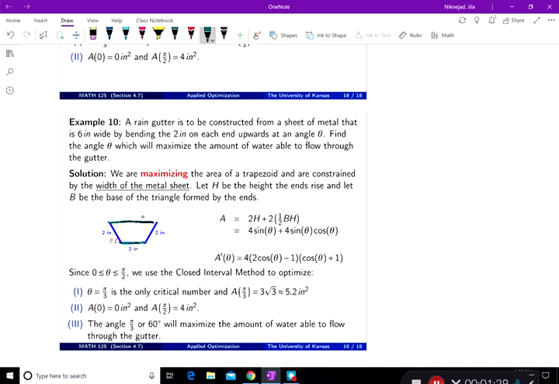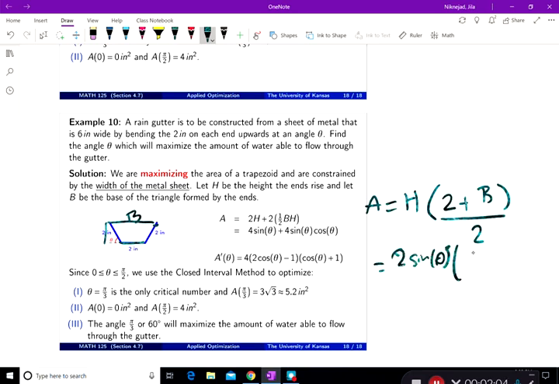And so in this case, the area is equal to height, which I don't know yet, times 2 plus this base, divided by 2. If I look at this side, I can see the height is basically 2 times sine theta. And then 2 plus, what is b?